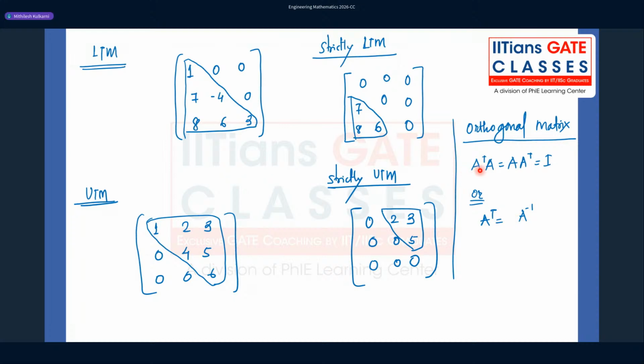So A into A transpose is equal to I. This and this are the same thing. If for a matrix A, A into A transpose ends up with I, or the same as saying the transpose is equal to the inverse, then that matrix is called an orthogonal matrix.